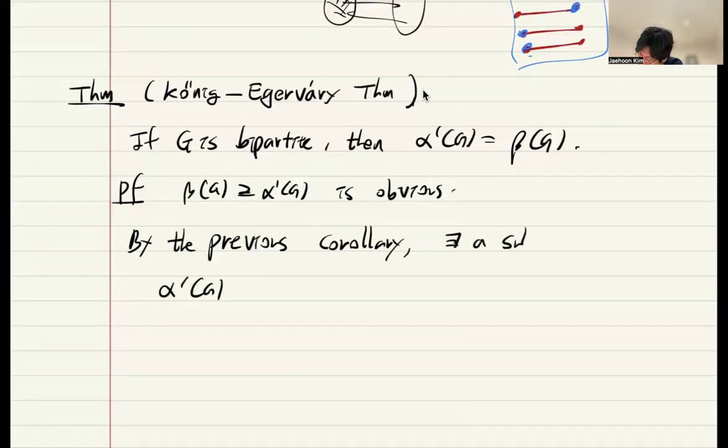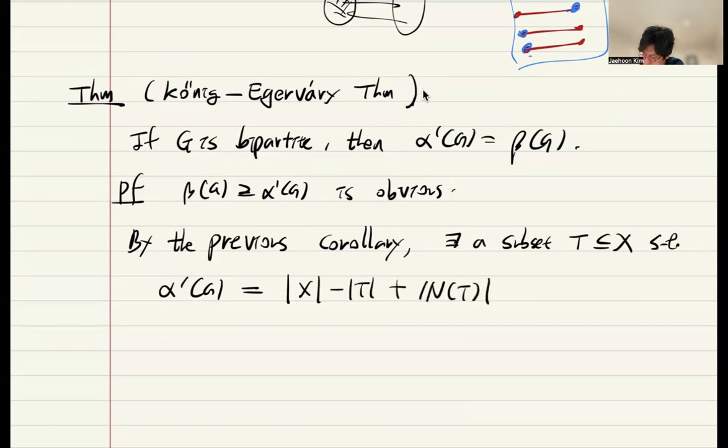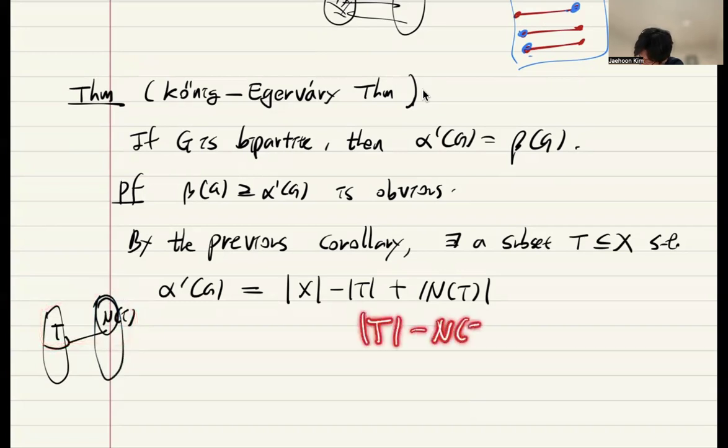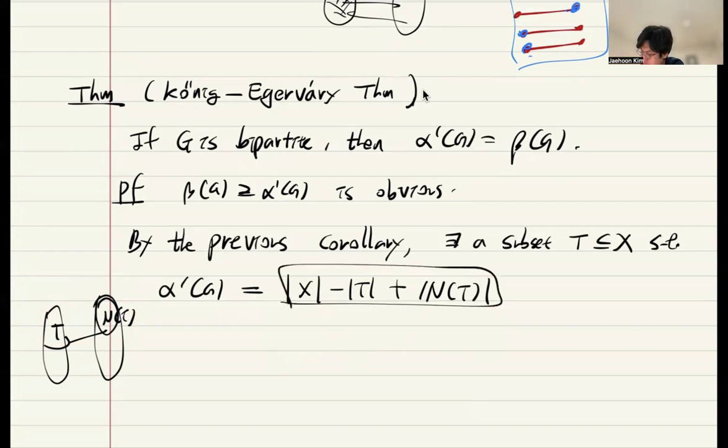There exists a subset T of X such that alpha prime of G is the same as the size of X minus T plus N of T. So you have X, then you have this T, then the neighbor of T. You take the difference between these two, T minus N of T, and then you subtract from X. So out of all choices of T, you find the one which minimizes this.